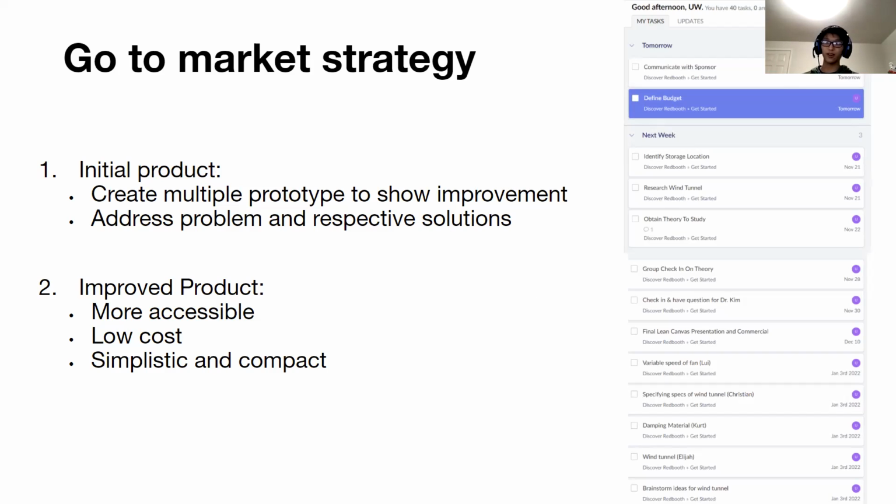Then we're going to start making our product more accessible for customers to buy. That means making it low cost, simplistic and compact, while still satisfying the needs of our initial customers.